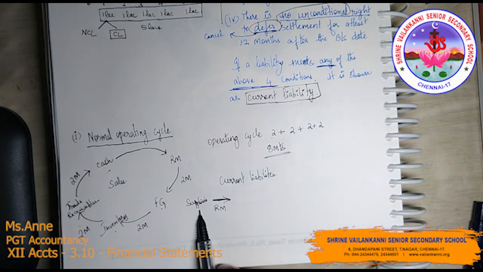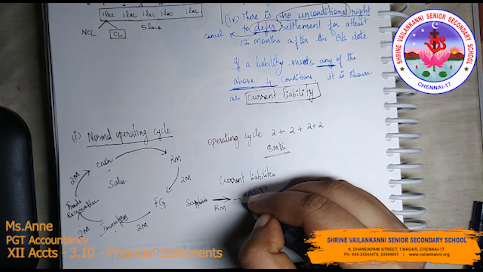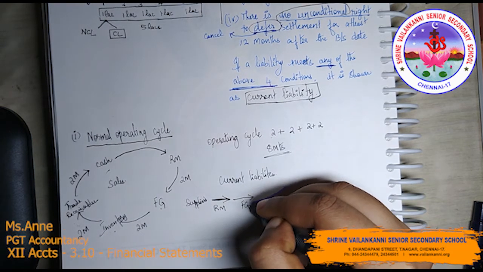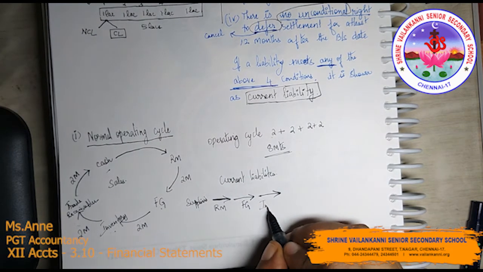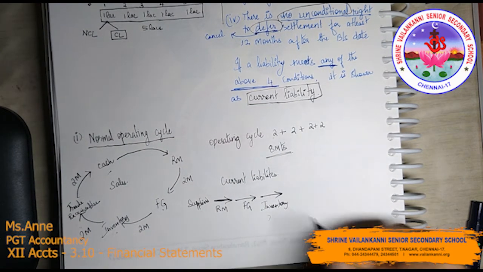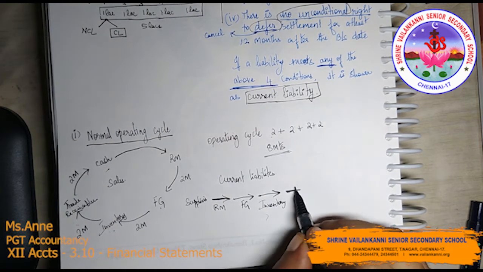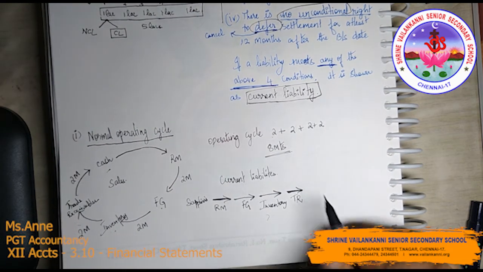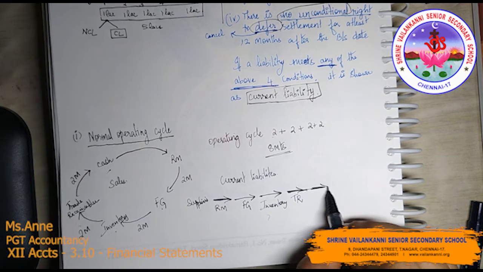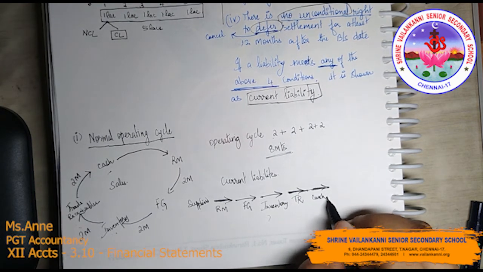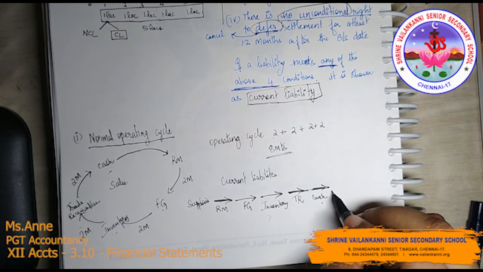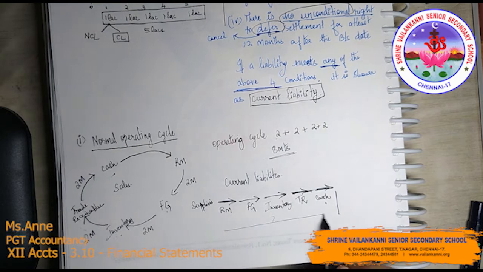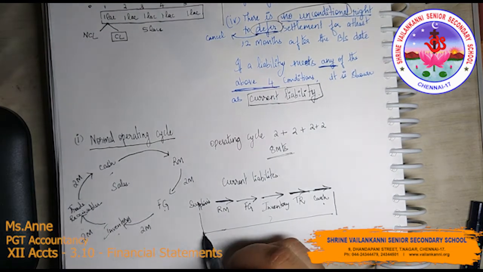We have purchased raw material from our suppliers. This raw material will be converted as finished goods. This finished goods will be stored as inventory. This inventory will be transferred as trade receivables. This trade receivables will be transferred as cash. Now from this cash we will be able to honor the payment of supplier.